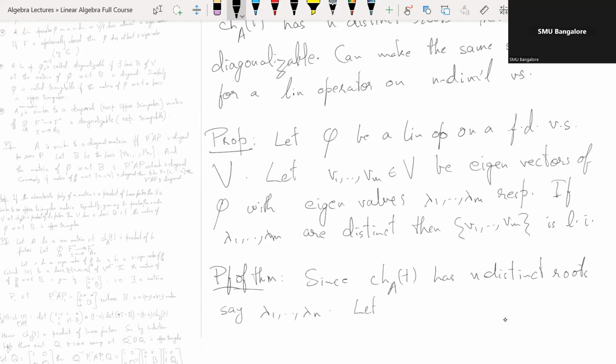So for each eigenvalue, you'll get an eigenvector. So let Vi be a lambda i eigenvector of A.